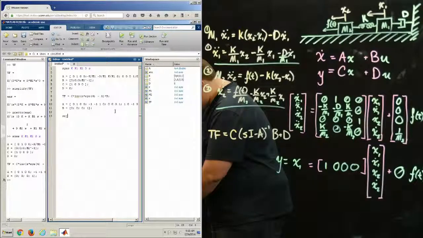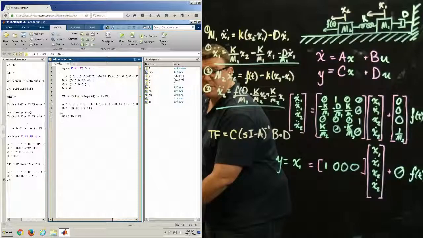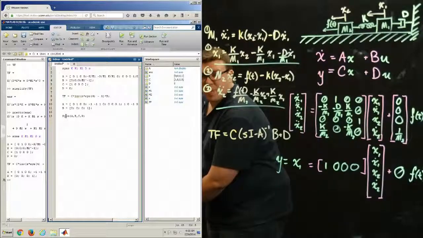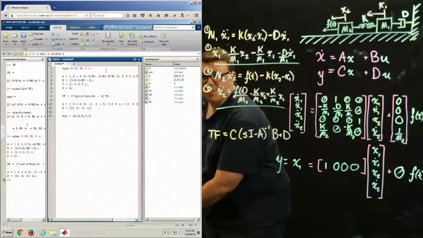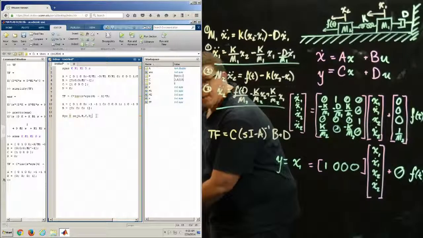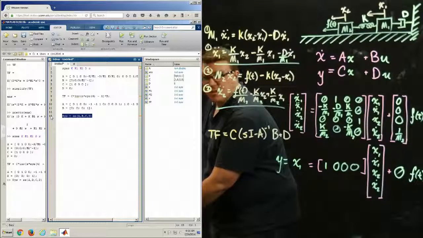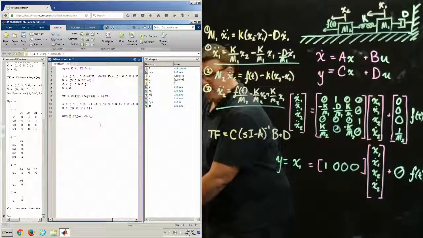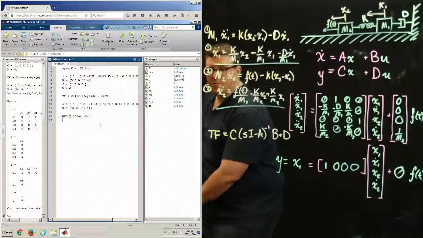And we just then need to give it A, B, C, and D. And we'll call that our system, so we'll call that sys. So many S's in a row. And so we should be able to execute this. And now sys stores our matrices A, B, C, D as a variable that it recognizes as an LTI system.